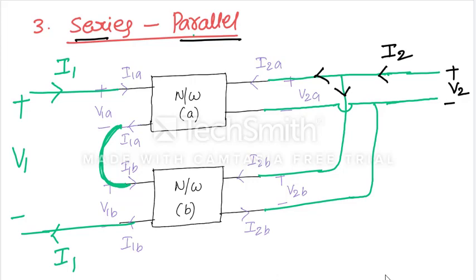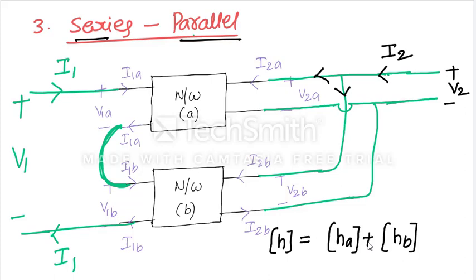Then if I say HA is the H matrix of the first network and HB is the H matrix of the second network, then the overall H matrix is given as HA plus HB.